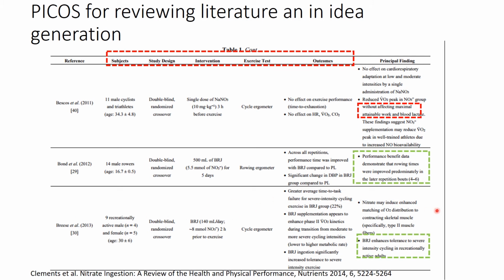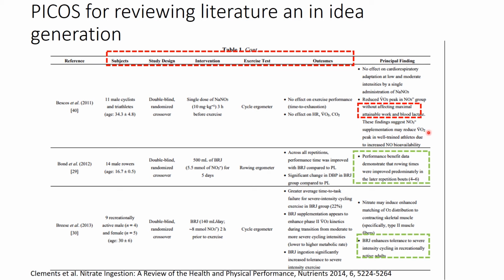Bond et al. used 14 male rowers, and they just go on like that, and you're constantly describing things in this direction. Now, if you read well-written papers, they're looking in this vertical direction, and they're explaining things across studies that are central to the study design. So they'll say things like, there's conflict in the literature, with 2 previous studies finding a positive effect of nitrate supplementation on exercise performance, whereas one study found no difference.